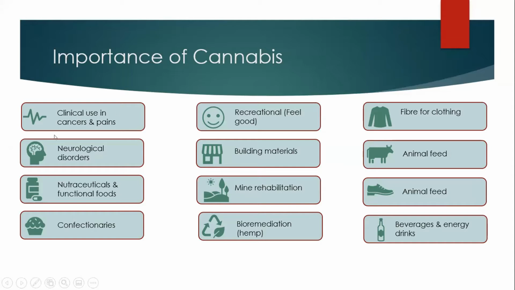You use it mainly for clinical uses, neurological disorders, nutraceuticals, confectionaries, and also recreational use. Building materials, mine rehabilitation, bioremediation, and fiber for clothing are all for hemp. All of those on the right are mainly hemp, while marijuana is mainly medicinal and recreational.